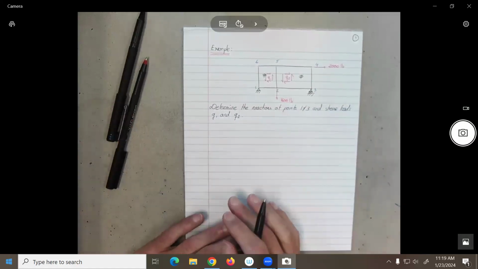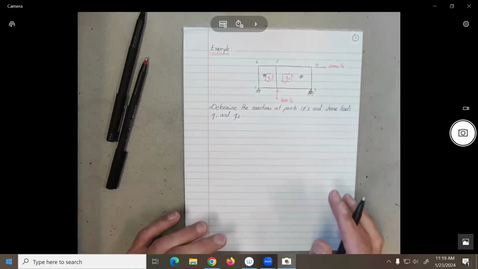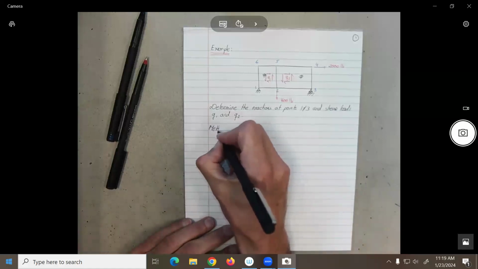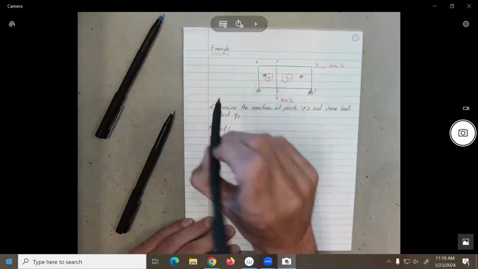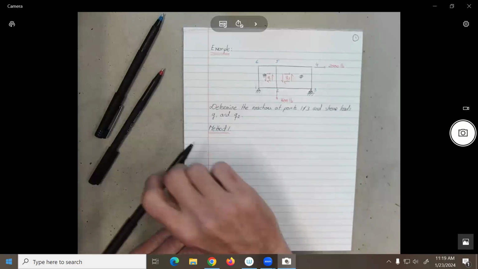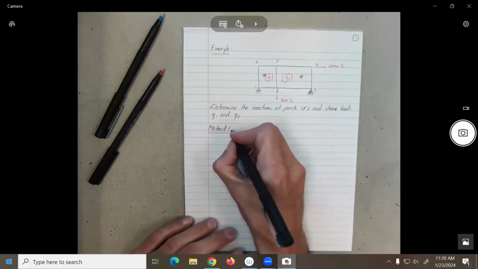This is a very simple problem. The reason I'm doing it is because I'm going to do it using two different approaches. Let's say method 1, which would be the traditional one, like we have been doing so far.